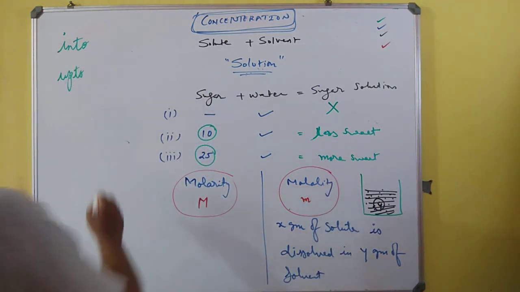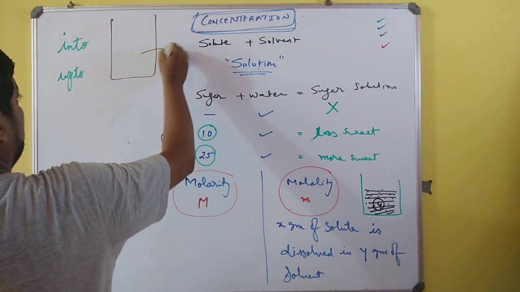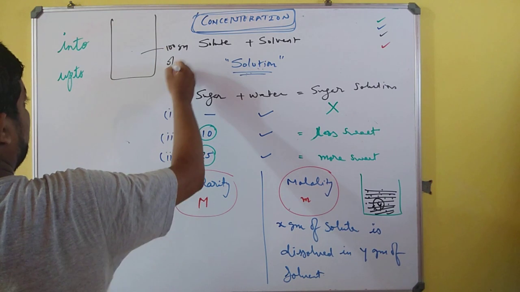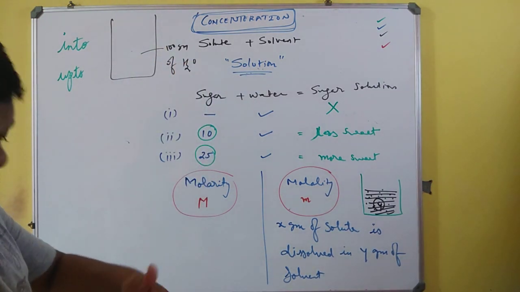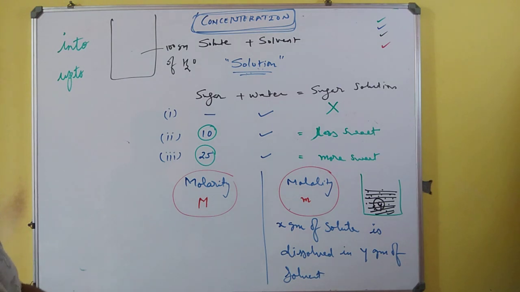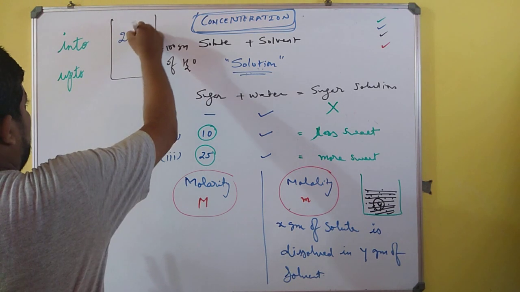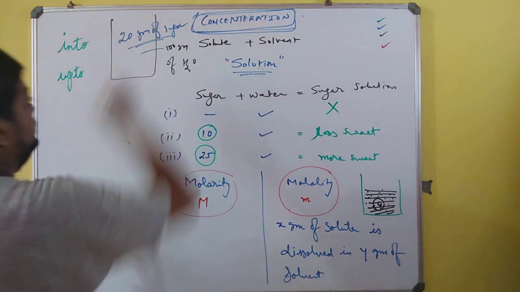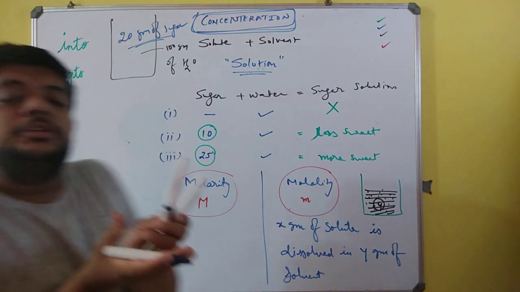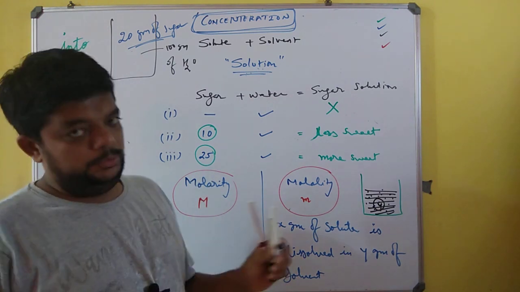It means I have a vessel filled with 100 gram of water, and to this 100 gram of water I will be adding, for example, 20 gram of sugar. So initially in the 100 gram of water, 20 gram of sugar.